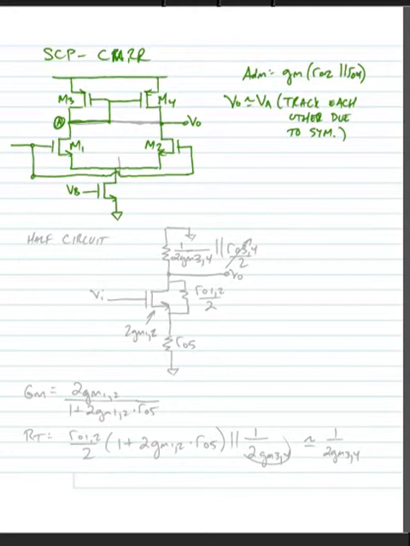And if this is the case, then effectively we could draw a short circuit between node A and the output node. Now this short circuit doesn't physically exist, but practically it exists. And if that's the case, then we can draw an equivalent half circuit. And our equivalent half circuit looks as follows.